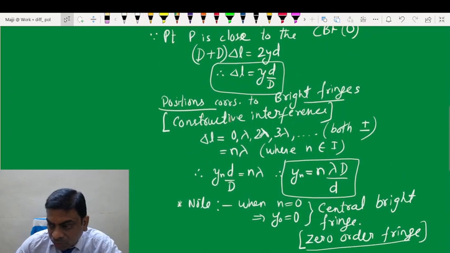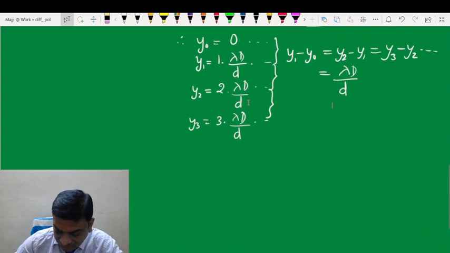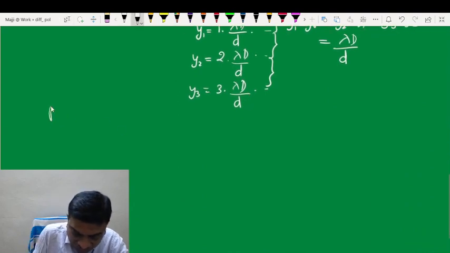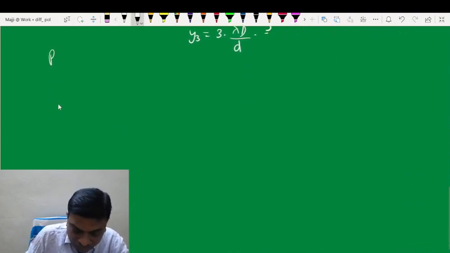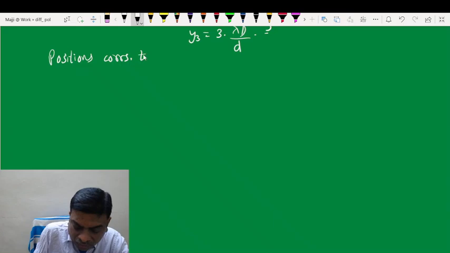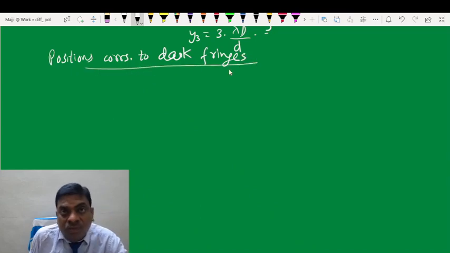So then moving on to the positions corresponding to dark fringes, we'll see. So next we are going to explore positions corresponding to dark fringes. As you know, dark means what? Absence of light. Dark represents absence of light.